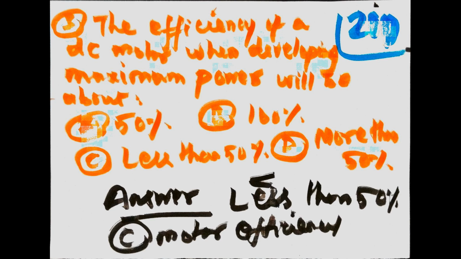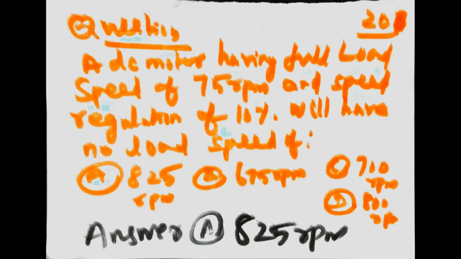The efficiency of a DC motor when developing maximum power will be about, that is less than 50% motor efficiency. Speed regulation is defined as the change in speed when the load on the motor is reduced from rated value to zero, as a percentage of the rated load speed.